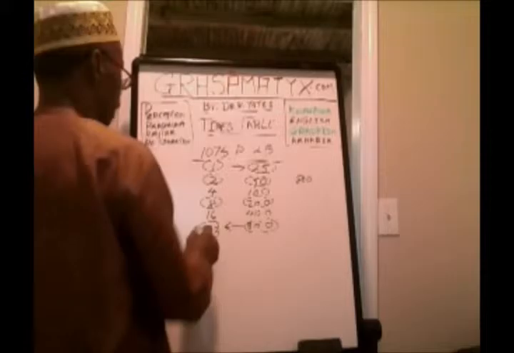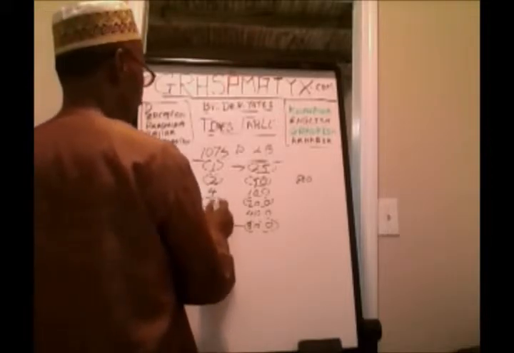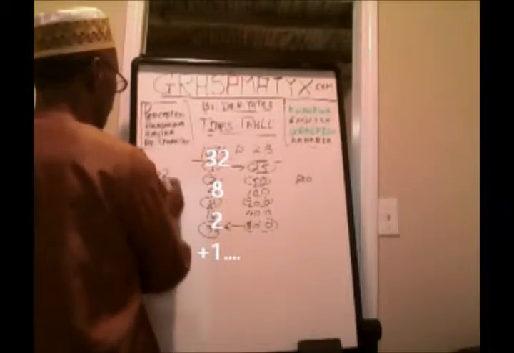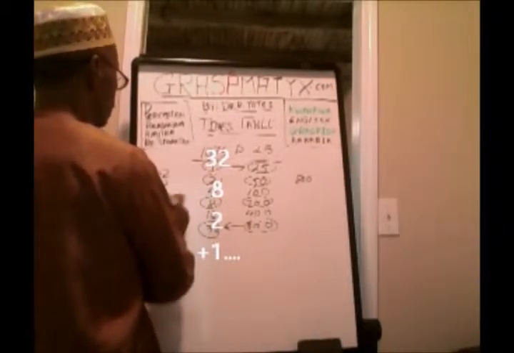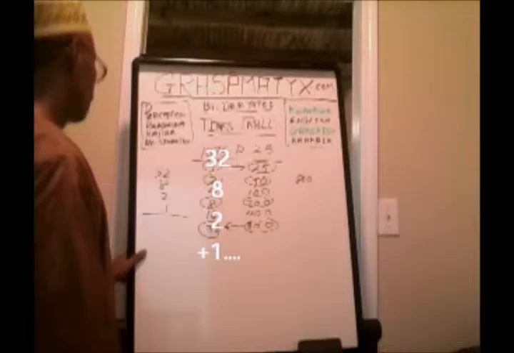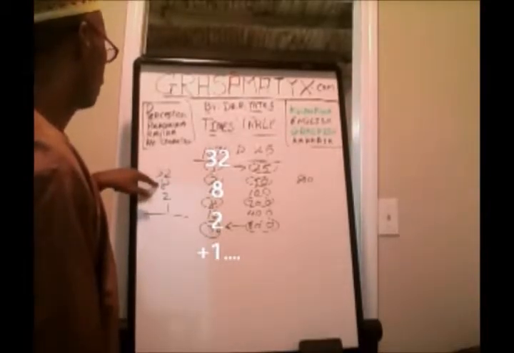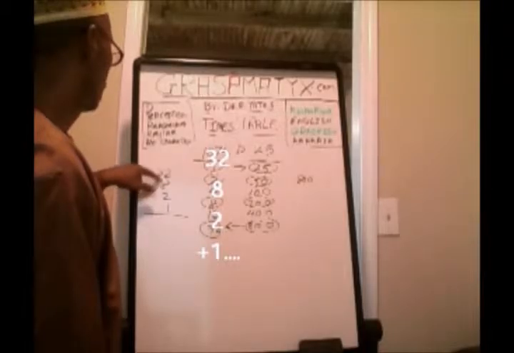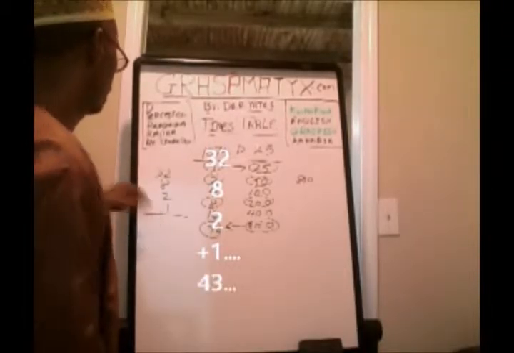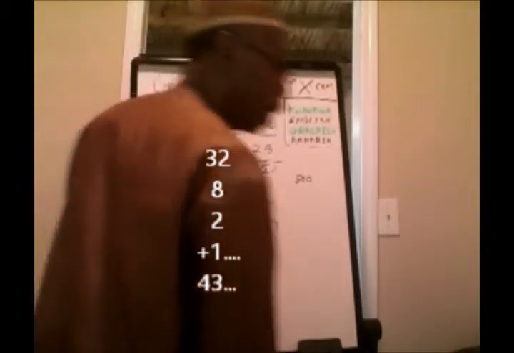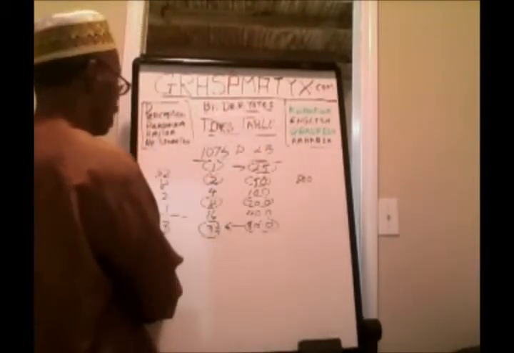Now I'll show you. Here I get this. I'll add this first. 32 plus 8 right here plus 2 plus 1. What will be the total? Well, this will give me 43, right? I'm sorry, 40 plus 3, 43. That's what that would give me.